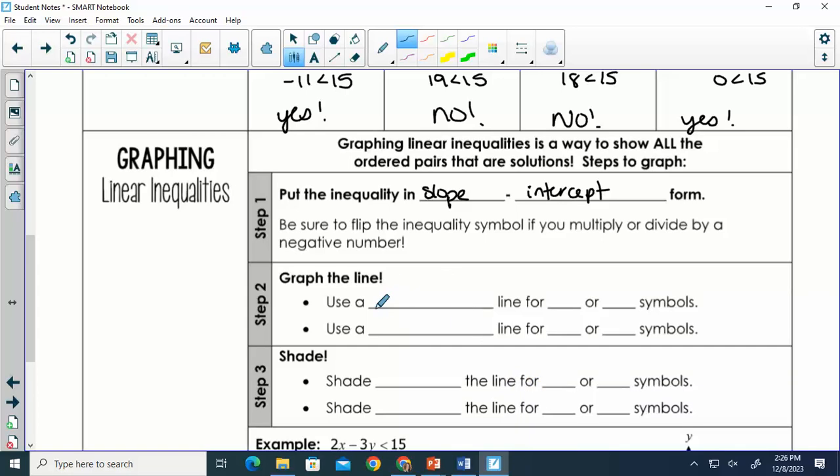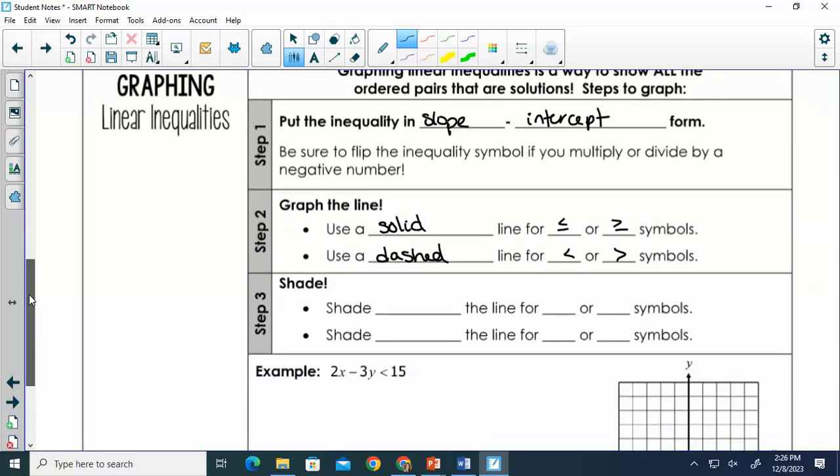We use a solid line if it's less than or equal to or greater than or equal to. So if it has an equal to, it gets a solid line. It will be a dashed line if it's just a less than or a greater than. So equal to is solid. If it doesn't have an equal to, we'll do dashed.